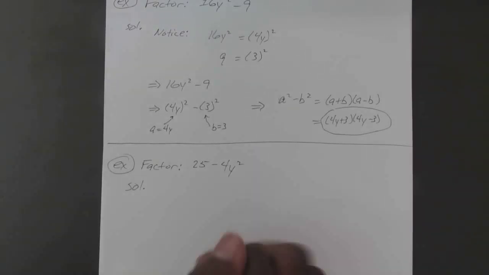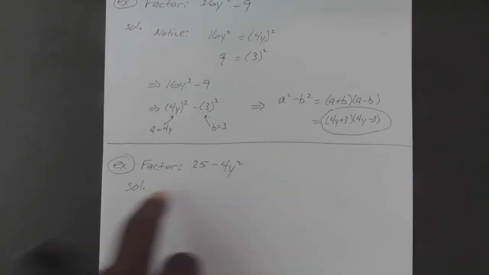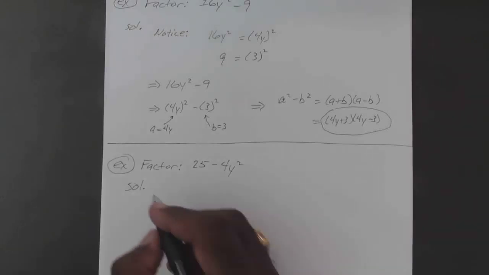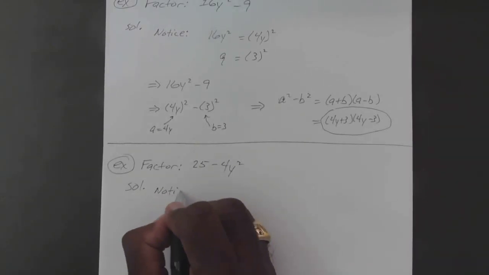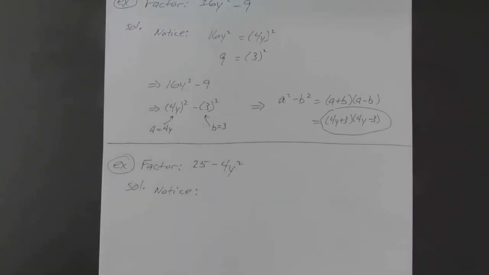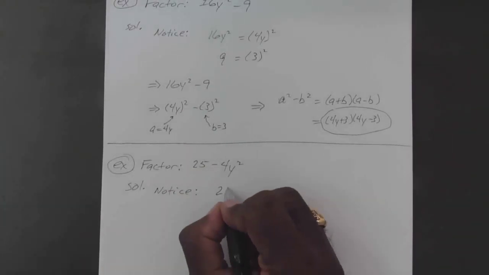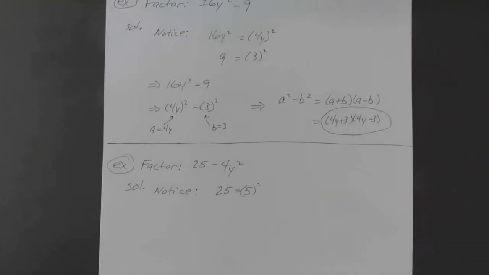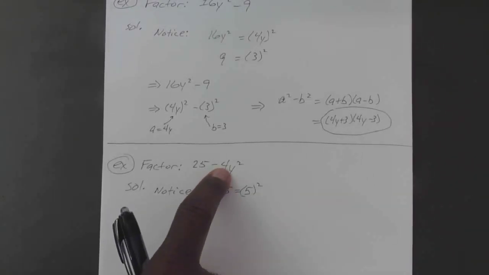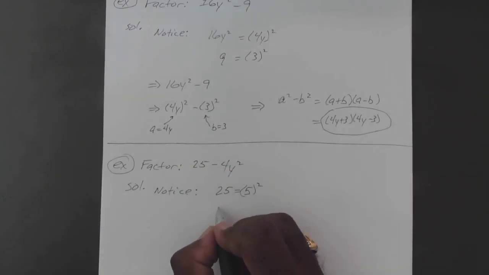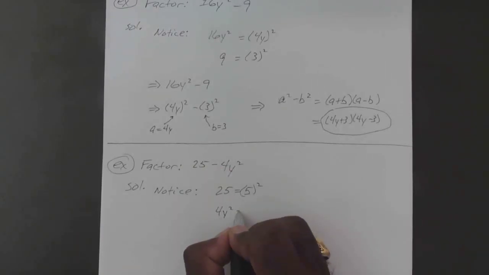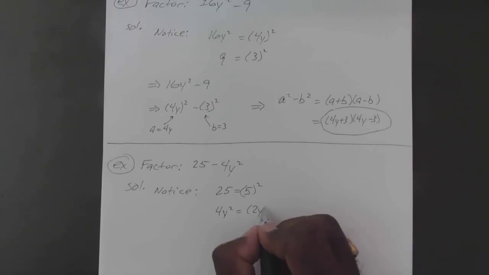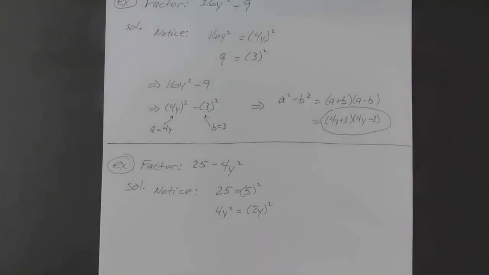Okay. So once again, you're going to notice that both of those are perfect squares. So 25 is just 5 times 5. So that's 5 squared. And 4 is just 2 times 2. So that means 4y squared is just going to equal 2y squared.